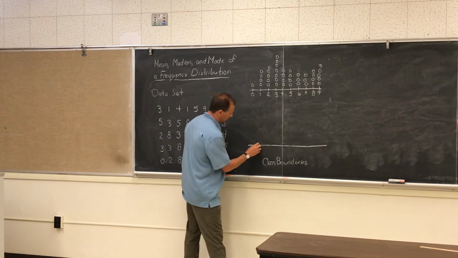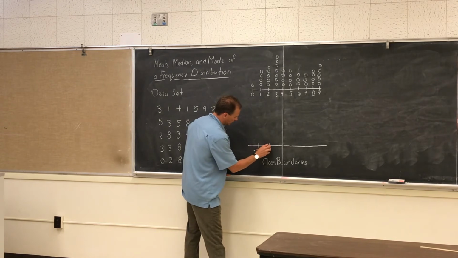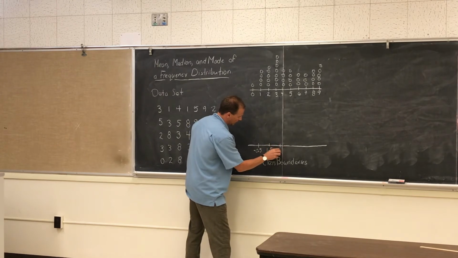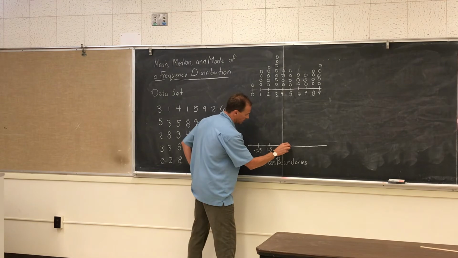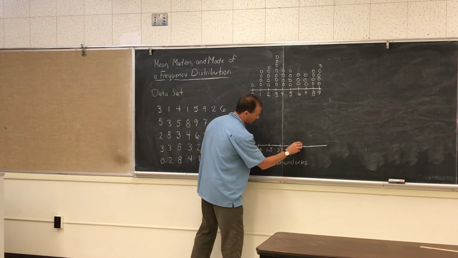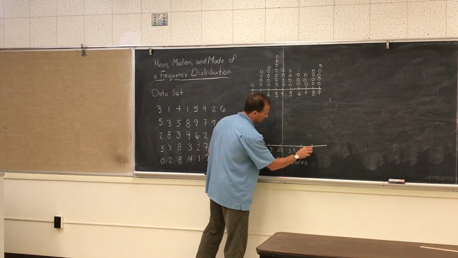So let's label those. We have negative 0.5 to 1.5, 3.5, 5.5, 7.5, and 9.5.